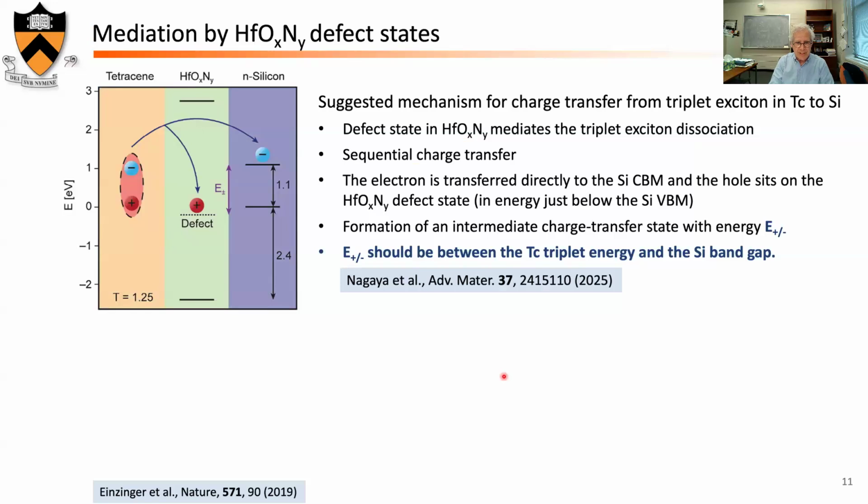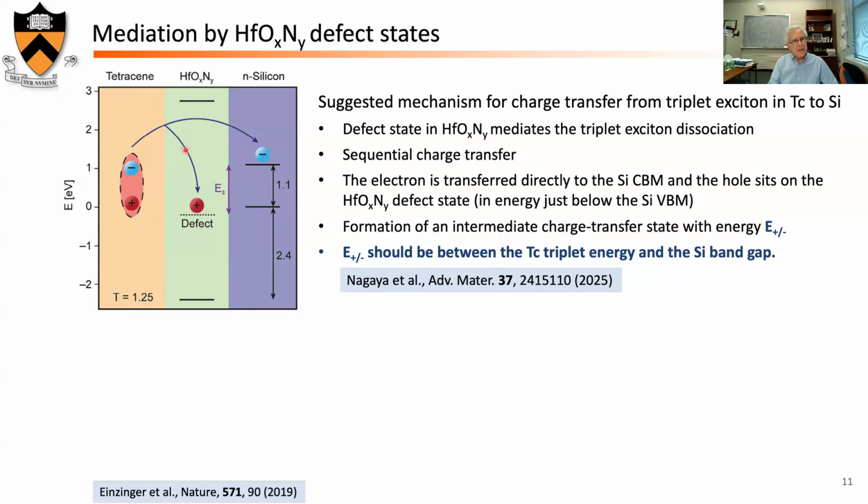So, to summarize this early study, the suggested mechanism for the charge transfer from the triplet exciton to silicon is represented here. In tetrazine, absorption of a high energy photon forms triplets, and these triplets dissociate at the interface between hafnium oxide and silicon. In particular, the defect state in hafnium oxide mediates this triplet exciton dissociation.